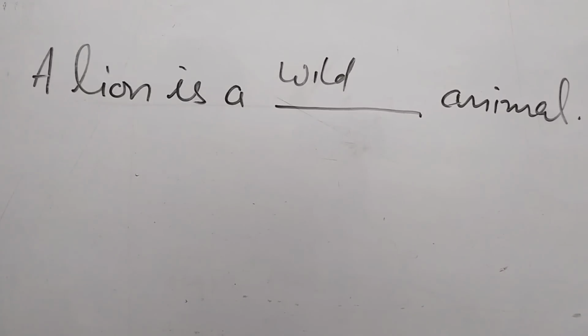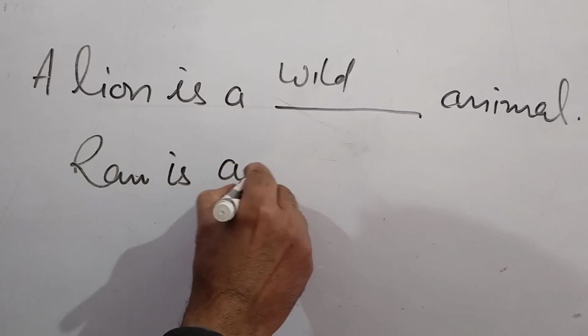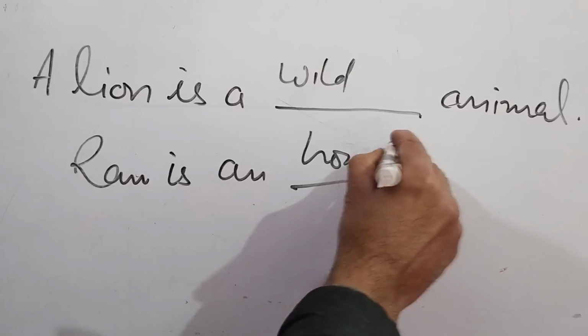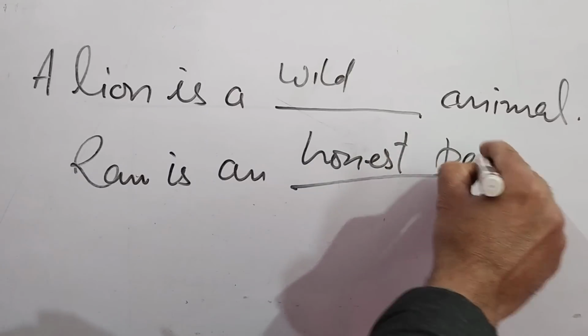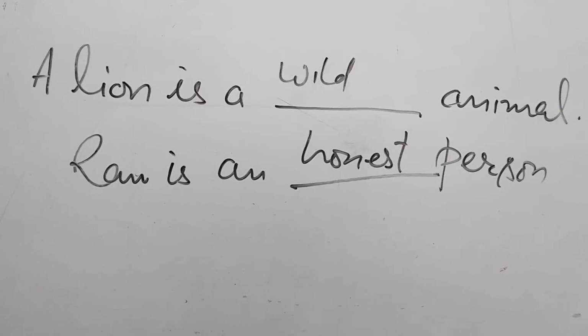Ram is an honest person. Here there is 'an', so naturally there will be a vowel sound adjective, honest, before person or man.